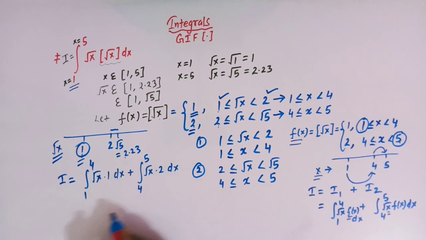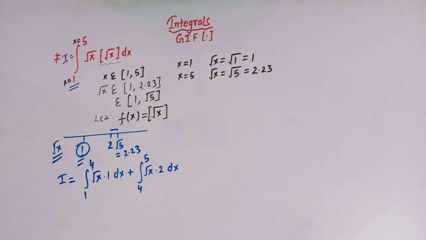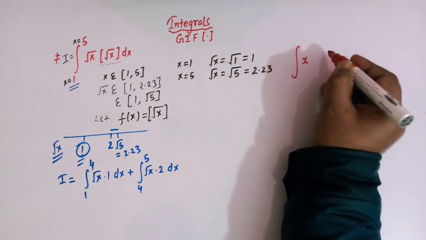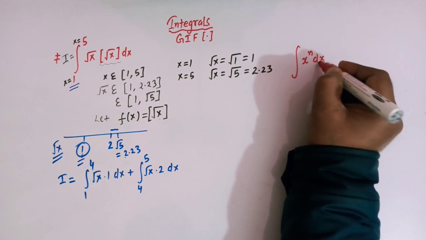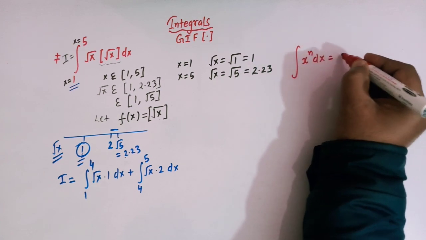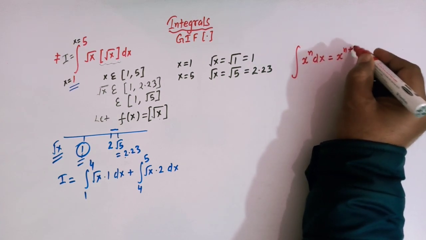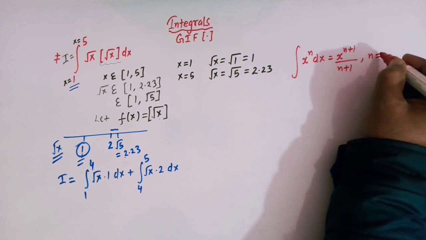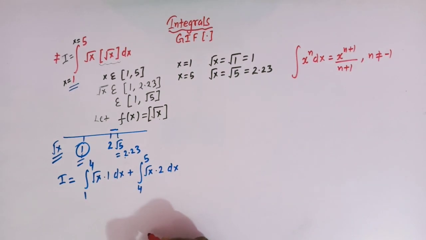So now we have these two simple integrals to evaluate. To evaluate these two integrals, we can make use of this result from indefinite integrals, that is, the integral of x raised to n is x raised to n plus 1 over n plus 1, provided n is not equal to minus 1, right?